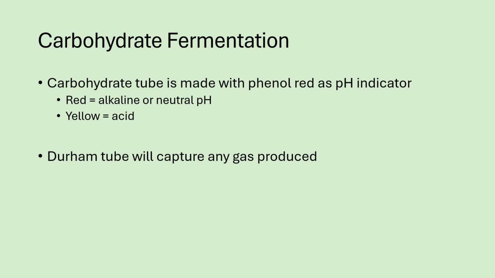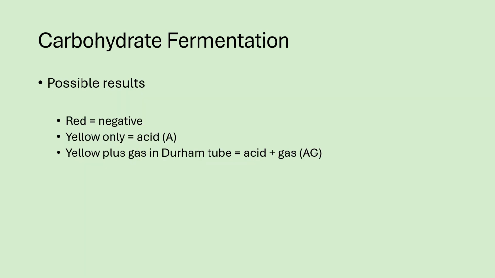So uninoculated, the Durham tube is filled with liquid. It is there to capture gas in case gas is also one of the products from the carbohydrate fermentation. So you're going to be looking for was acid produced and also was gas produced as products of the fermentation process. And as I said, different organisms use different sugars in different ways.